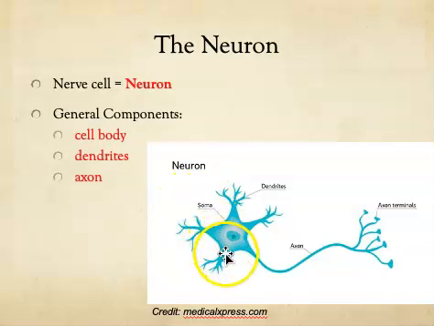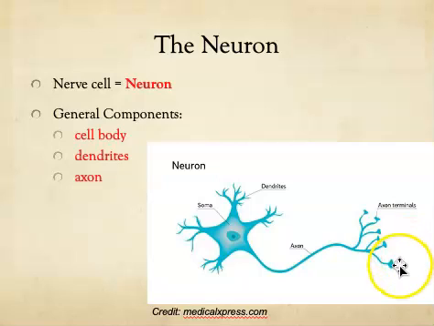And then finally, there's this elongated extension called the axon. The axon, too, is going to be in communication with other cells. But unlike the dendrites, the axon is going to be sending information to those other cells.